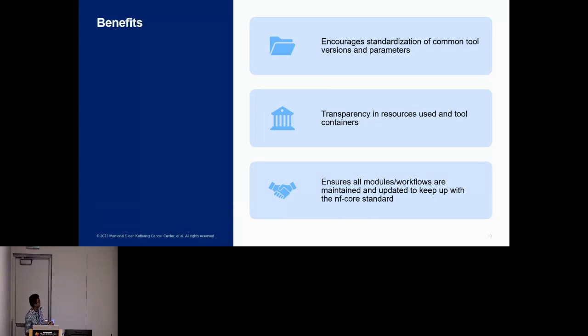And we enforce that all the modules meet the NF-Core spec. The NF-Core spec is constantly updating, so one of our jobs as the MSK Pipelineomics group is to make sure that everyone continues to follow the newly updated spec and to advertise that as well.